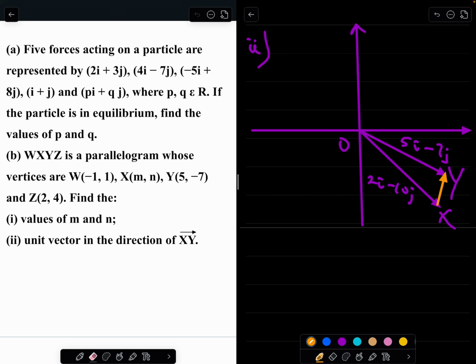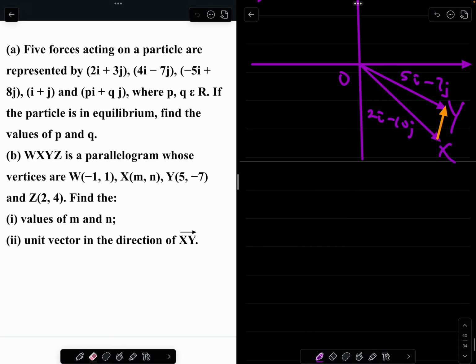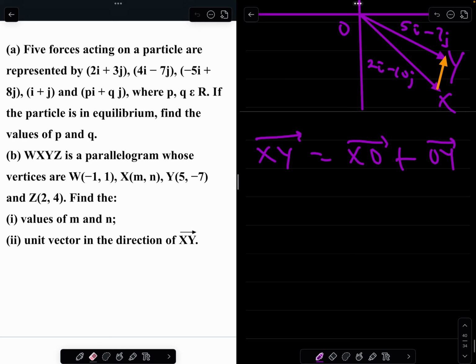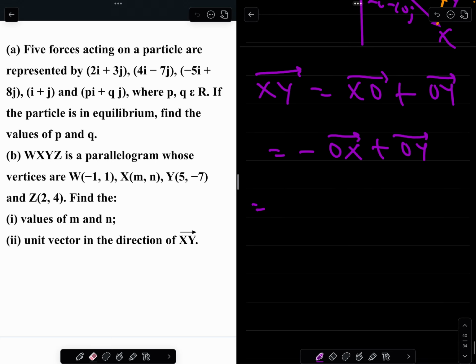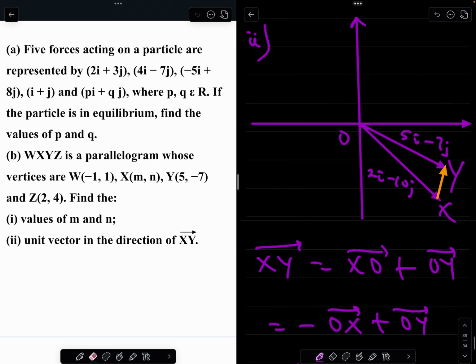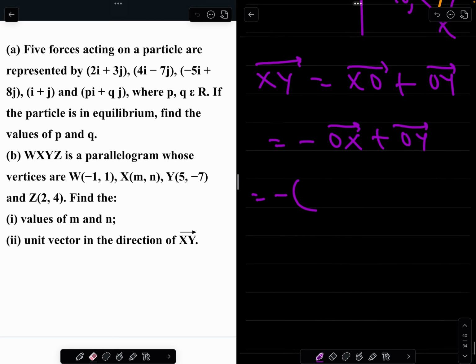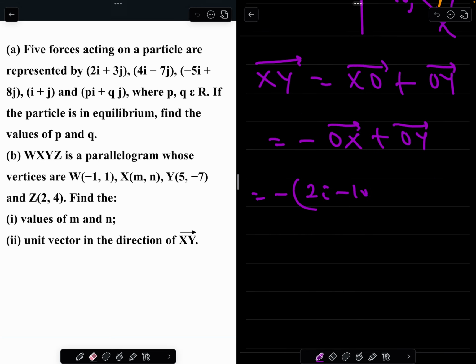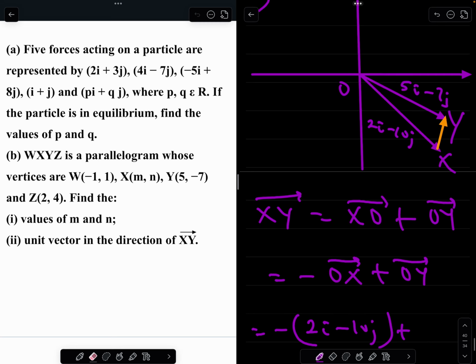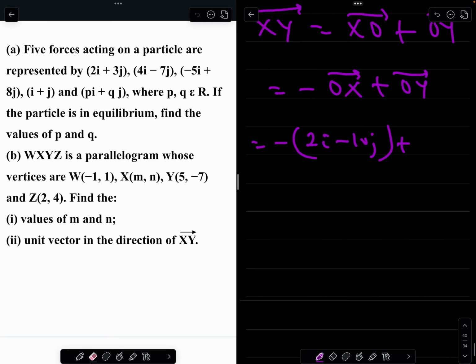And we know that xo is minus ox, so xy equals minus ox plus oy, which means minus into bracket 2i minus 10j, plus oy, which is 5i minus 7j.